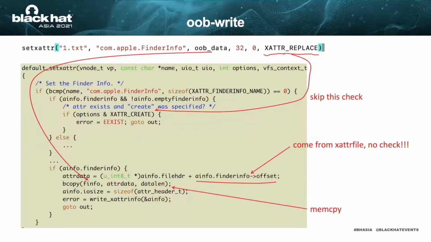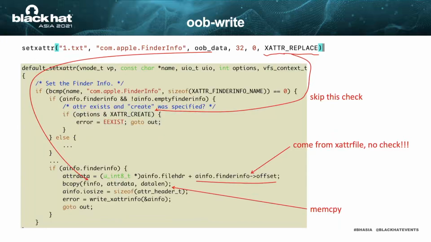Function default set XATTR. Let's take a look at this piece of code. There is a special attribute in the XATTR file named Finder info. When replacing this attribute, it jumps to the following code, which allows users to set 32 bytes of data for this attribute. The issue is that the address offset of Finder info also comes from the XATTR file, and there is no check if it is a valid range.